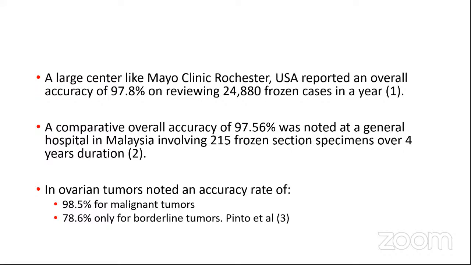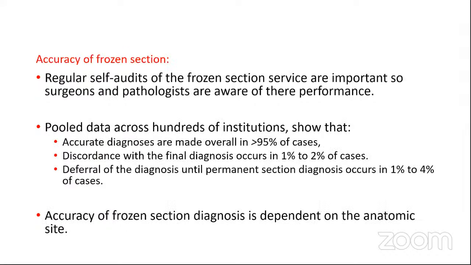In ovarian tumors, the accuracy rate is almost 98% for malignant tumors. However, it drops to 78% for borderline tumors, and the cause is known. These are borderline tumors that need a lot of sections to diagnose, and not only one section as is the situation in a frozen section procedure.